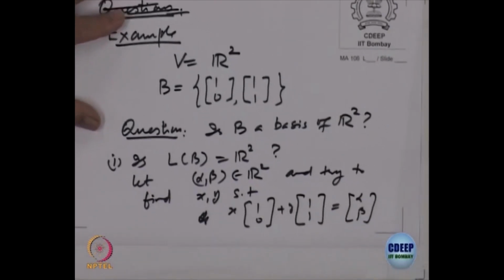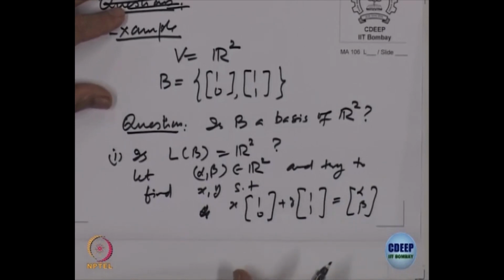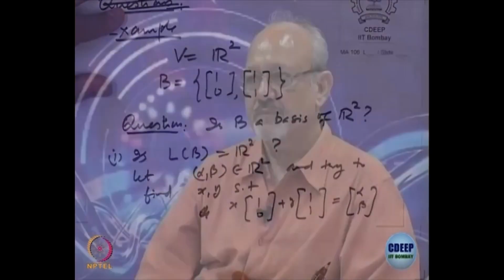That is what it will mean, saying that R 2 can be obtained as the linear span of the vectors in B. Is it possible or not? Let us check that.